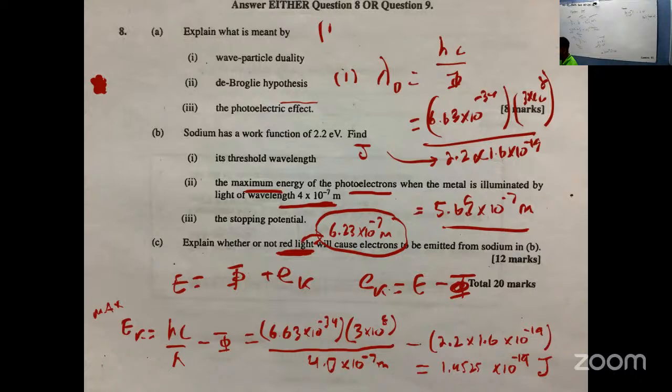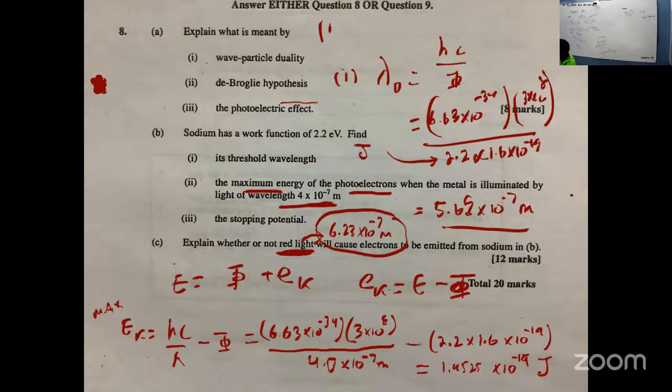Which one is bigger? Right. So 6.23 is larger. So it's exceeding the threshold. So what will happen? It will not cause the photoelectric effect.